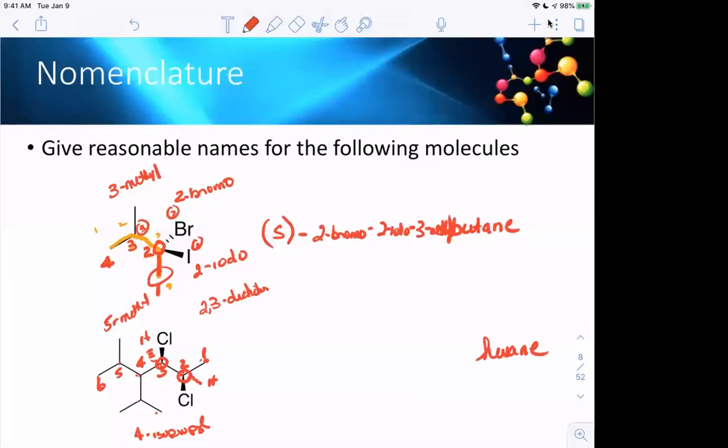It's going to be iso, right? So I'm going to have 2,3 dichloro. The C is the lowest. 4 isopropyl, 5 methyl hexane.